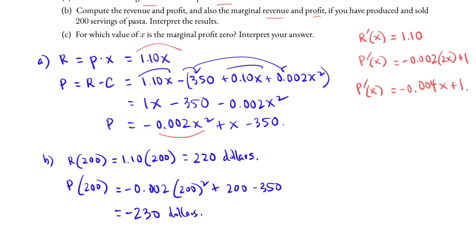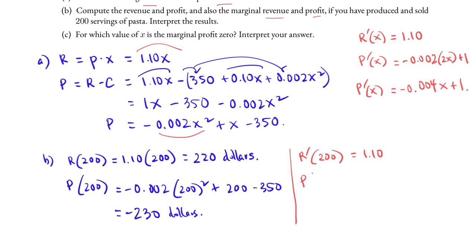What about the marginal revenue and the marginal profit? R prime of 200 is 1.10. This marginal revenue is a constant function, and so regardless of what we plug in, we will get $1.10 per additional serving. This is flat. This is fixed.